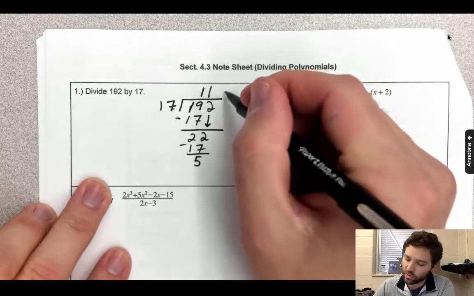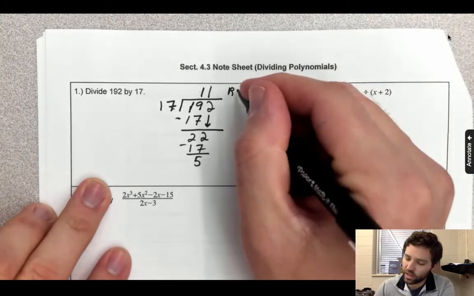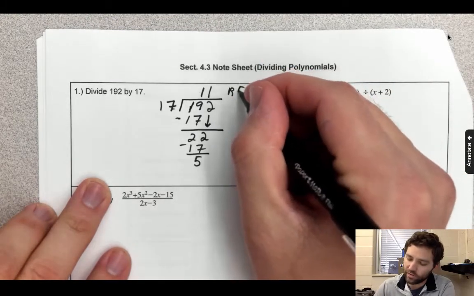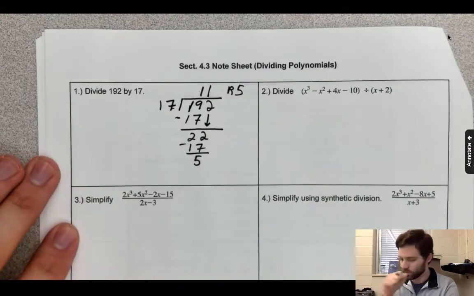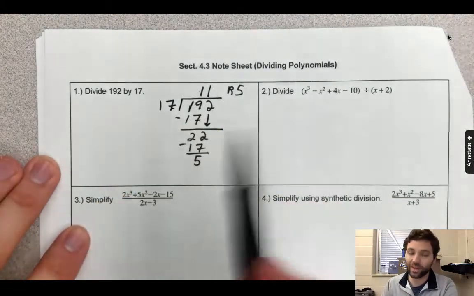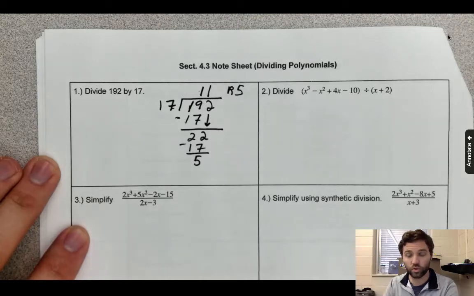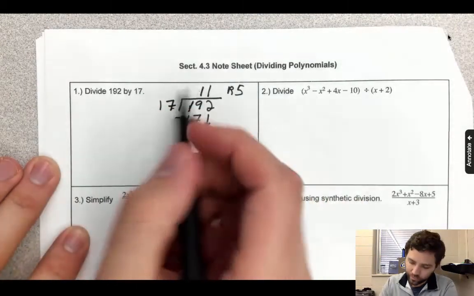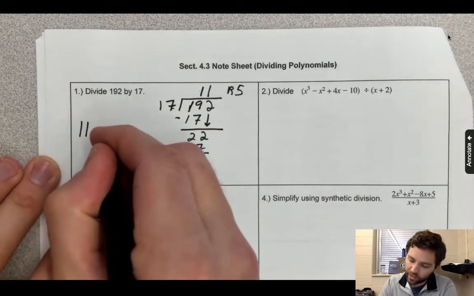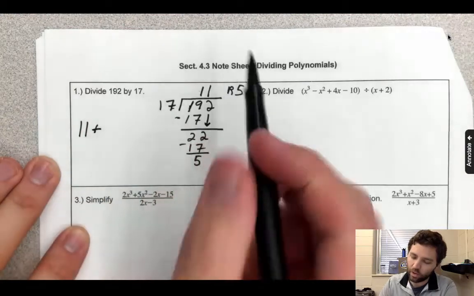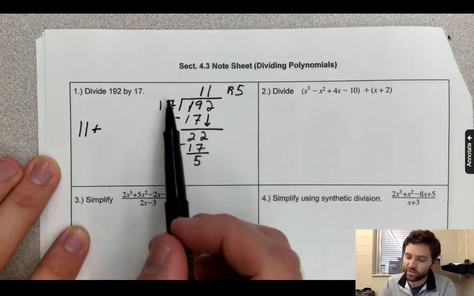And that's your remainder. So there were a couple ways that you could write your answer. You could write remainder of 5, just like that. Another way, and the way that actually turns your answer into a number, was you would write 11 plus the remainder, 5, over the divisor, 17.